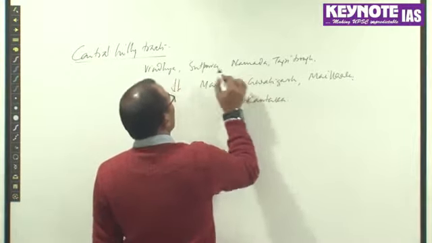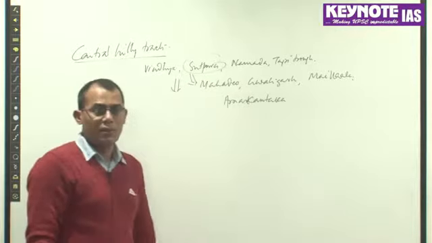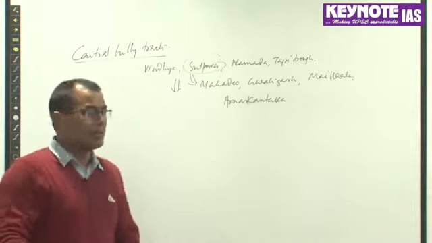These all are believed to be part of Satpura only. Satpura. Sat means seven. Seven mountains.